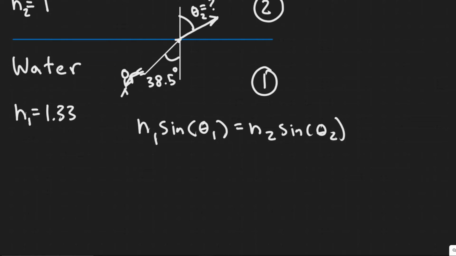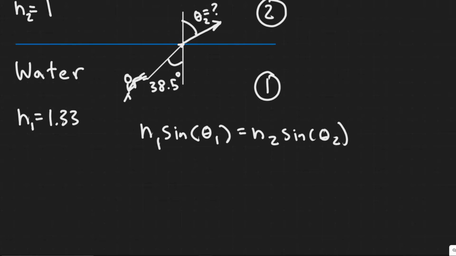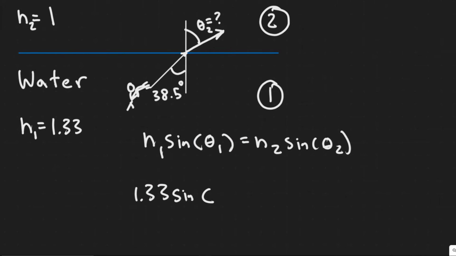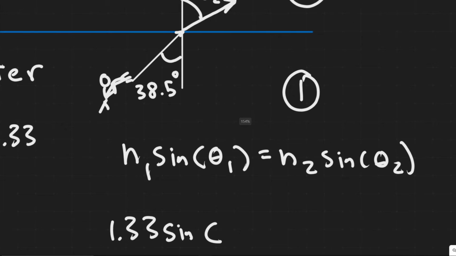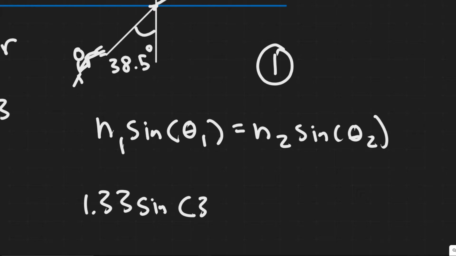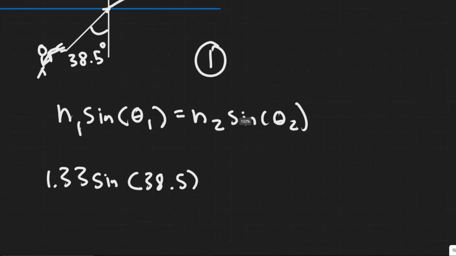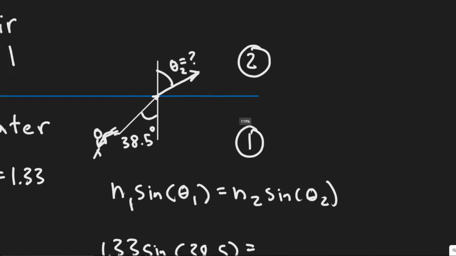And it's just simple plugging in now that we know everything. As I said before, n1 was 1.33. Then we have the sine of theta 1, the angle of incidence, which is 38.5. This is going to be equal to n2, where it's leaving.